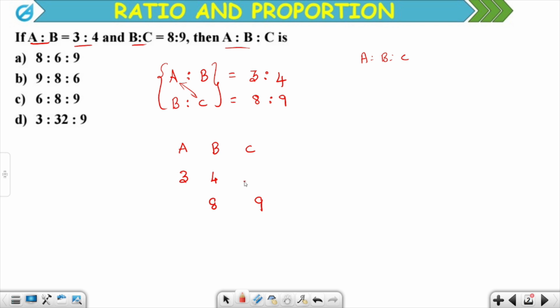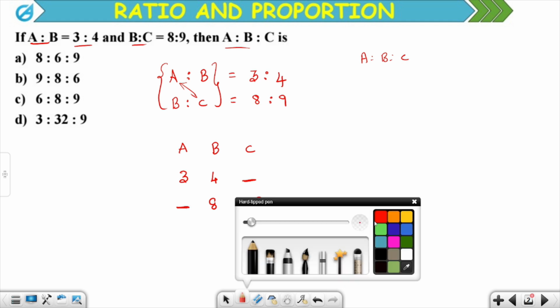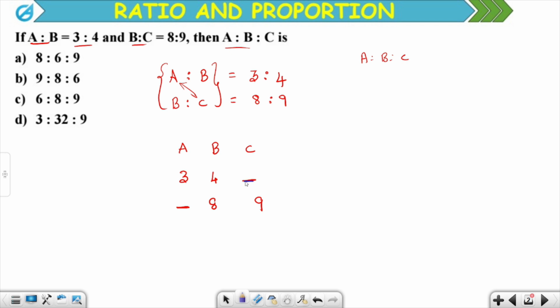Now, if you observe here, there is some empty place here and some empty place here. You have to write some particular numbers there. What to write? Simple. Whenever the empty place is at the last, you write the number just before that empty place, which is 4. Whenever the empty place is in the beginning, you write the number just after that empty place, which is 8.